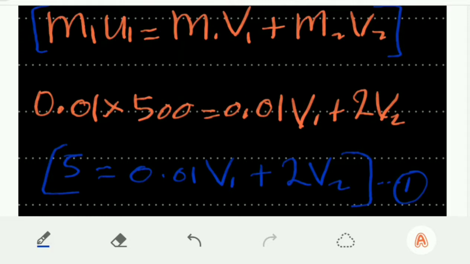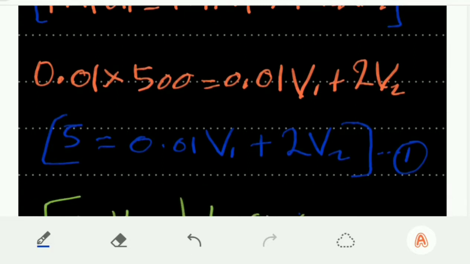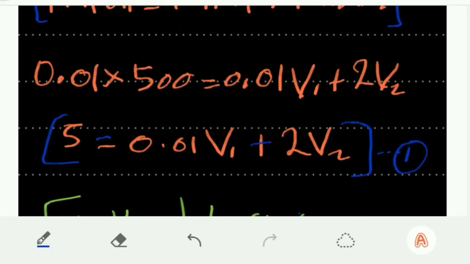So let's find v2, and then we can easily find v1. After multiplying 0.01 and 500, it ends up like this: 5 equals 0.01 v1 plus 2 v2.